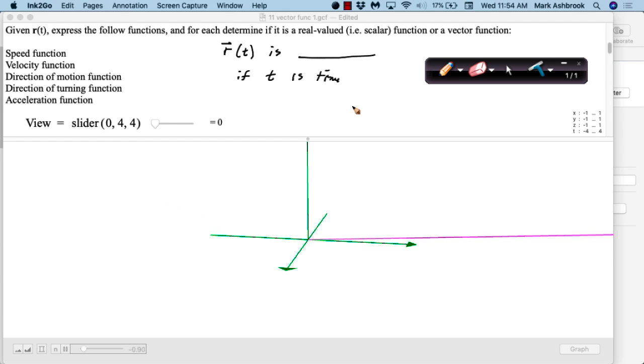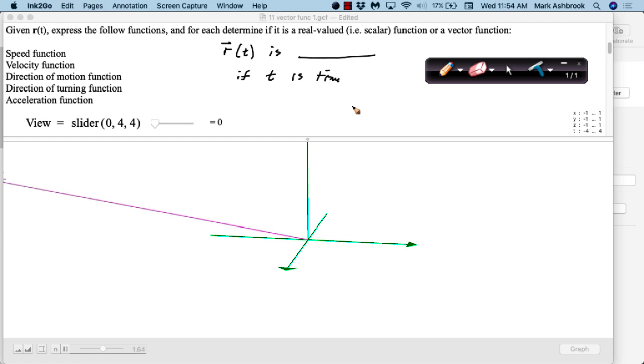If it's a real valued function, the function is giving you a set of real values for whatever you're putting in. Okay, so for each of these 5, express it using r(t), since I didn't tell you exactly what r(t) was, I just told you it's called r(t), and then tell me if it's a real valued or vector function.